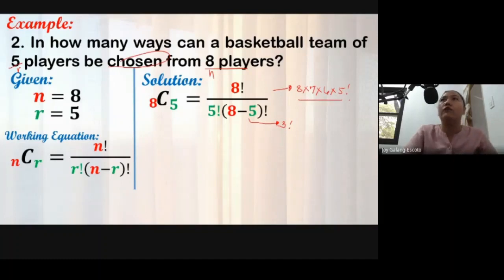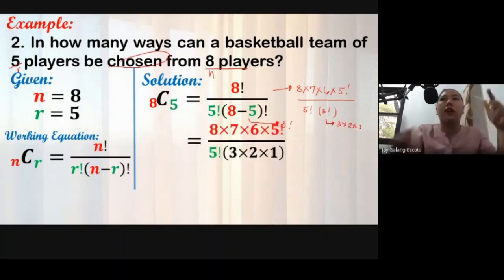So over 5 factorial times 3 factorial. And then you have to evaluate 3 factorial. That is 3 times 2 times 1. So you have 8 times 7 times 6 times 5 factorial over 5 factorial times 3 times 2 times 1.